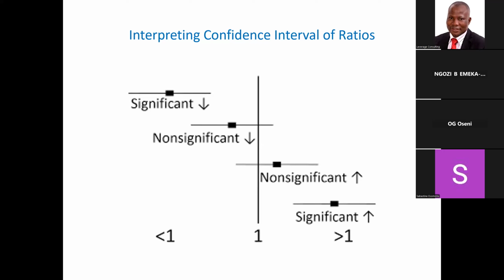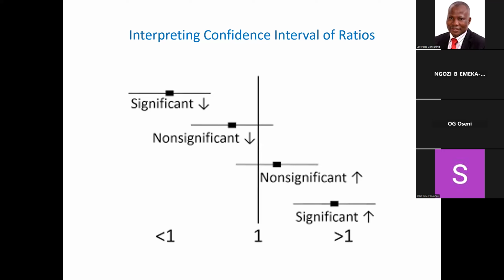So it doesn't really matter whether the odds ratio or relative risk is less than 1, equal to 1 or greater than 1. When the confidence interval includes 1, it's not significant.